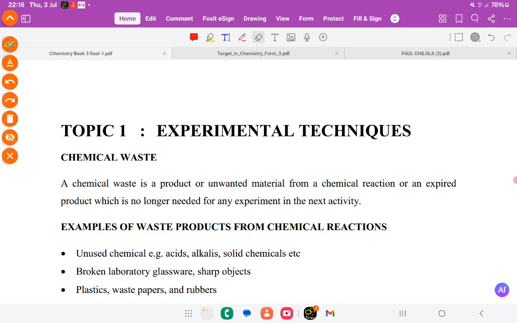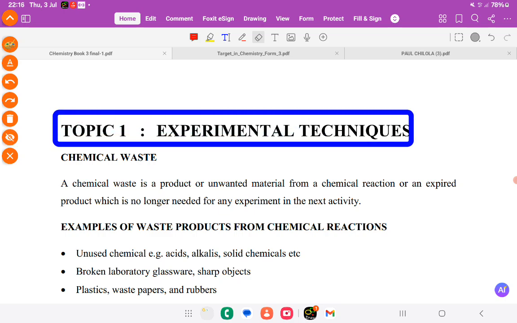Experimental techniques is the first topic in chemistry at MSCE.